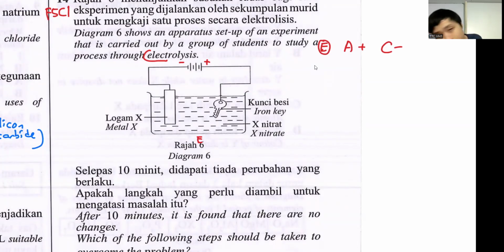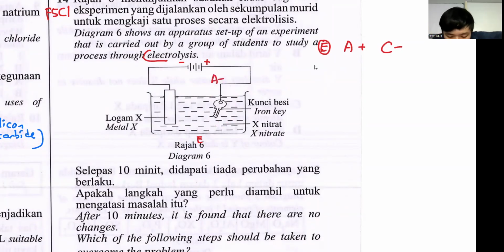You have to know one thing. In electroplating, this metal is the sacrificial metal. It will sacrifice itself to protect the iron key. Normally, sacrificial happens at the anode, so your metal should connect to the anode. The one that needs protection is supposed to be at the cathode.